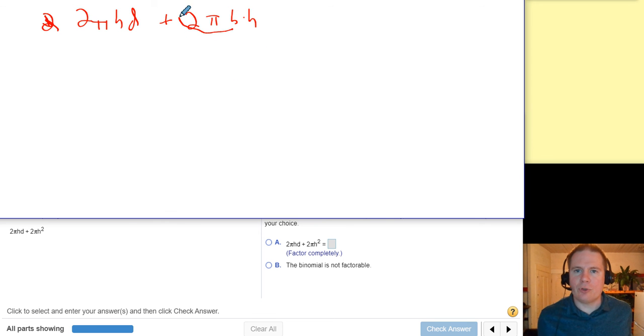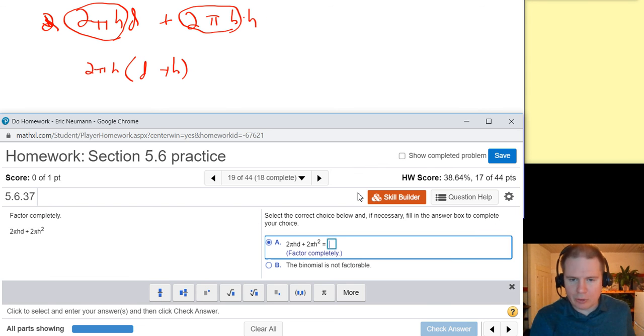They have 2 pi h in common, so then this is just a d, and this is just an h. Right? It might look intimidating, but pi is just a value like any other number. Now they gave us the pi symbol here, so we want to use that. D plus h.